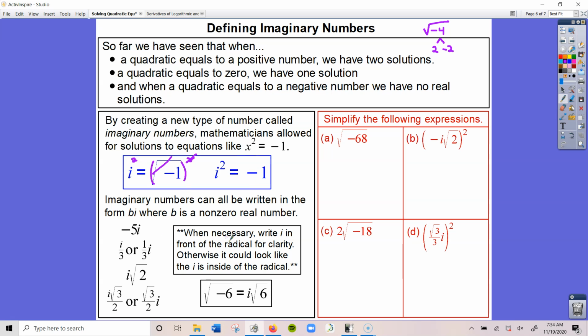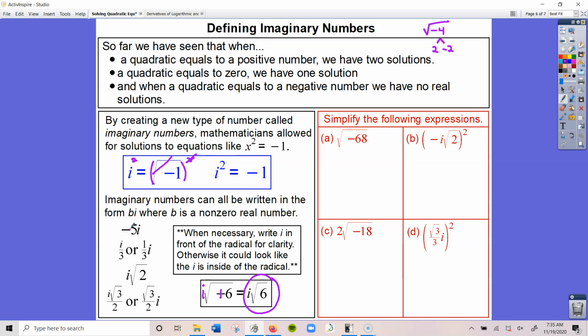So when you're solving a square root, let's say in this example I put the square root of -6, the way that you would rewrite this is to make the negative positive and bring out the i. So the square root of -6 is i square root of 6.